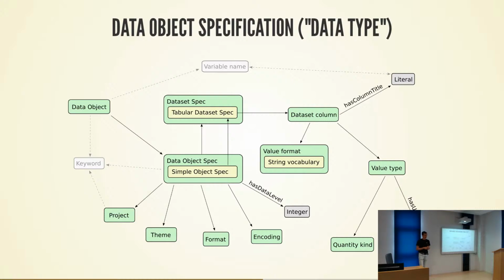That improves the FAIRness, of course, and it enables a number of very nice services. So we have a certain metadata model to describe simple tabular objects, for example time series, which make up most of the measurement data. We have a metadata model that describes what the columns of the data set are.